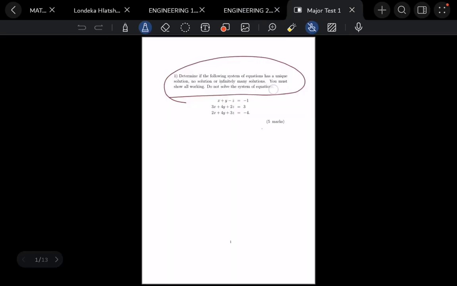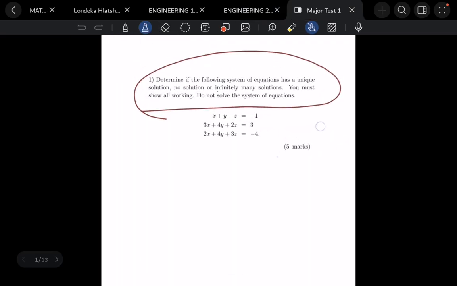But we are going to focus mainly on the rank method. Now, some of you may ask me, what is the question going to look like? How is the question going to look in an exam? I'm just going to show you now.